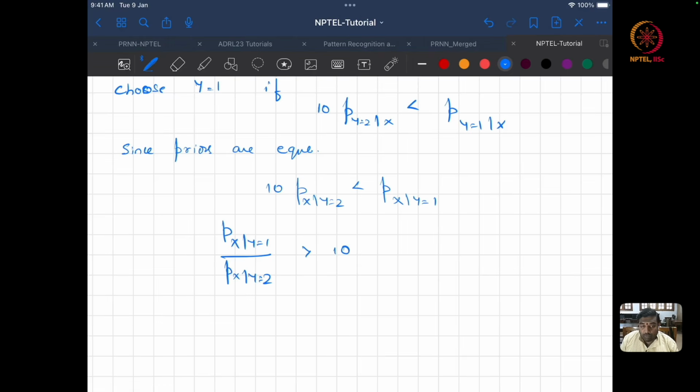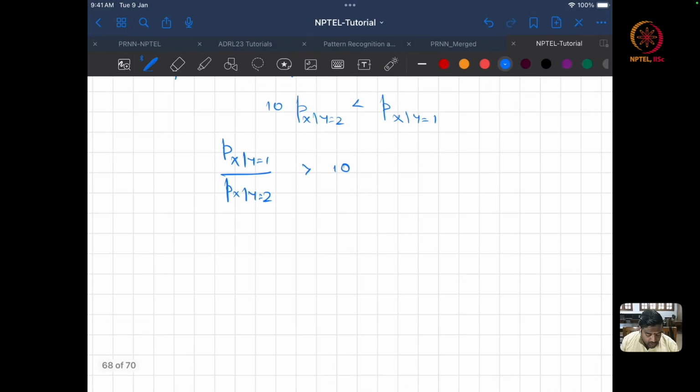See, what does this mean? When the likelihood ratio of these class conditionals is greater than 10, then you will go ahead and decide it as class 1.